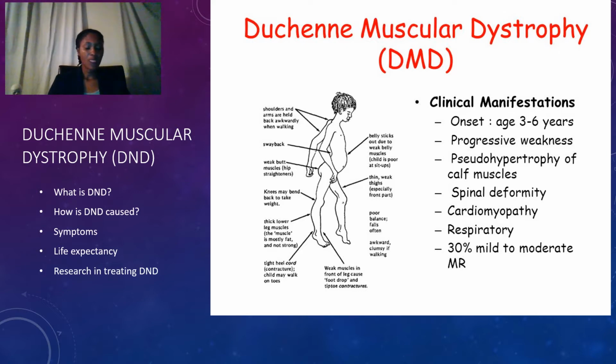So there is research ongoing that is actively pursuing several exciting strategies in Duchenne's muscular dystrophy. The one that I am very interested in following would be gene therapy.